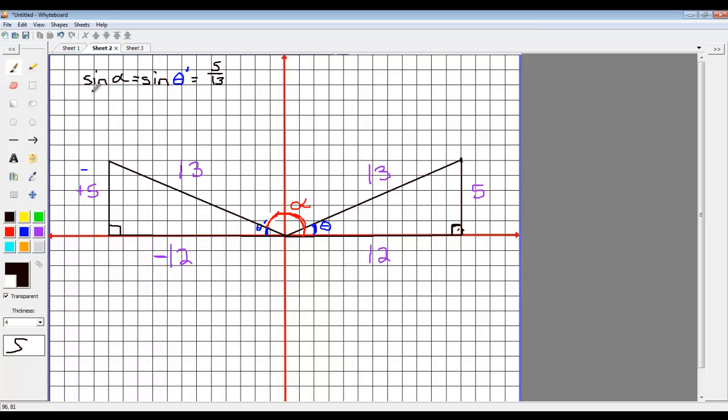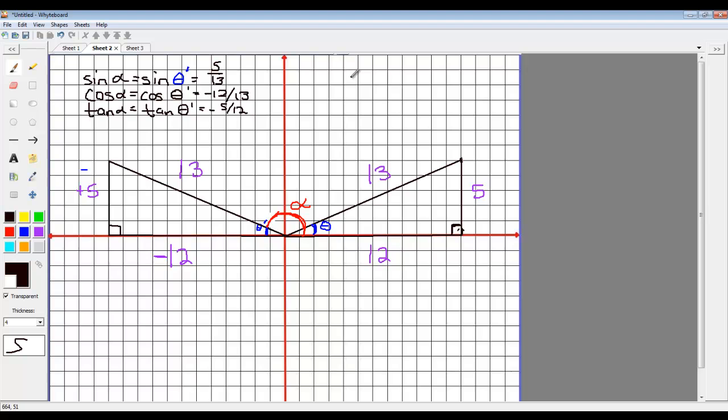Cosine of alpha, same thing as cosine of theta primed. That's going to be, this time, negative 12/13. Tangent of alpha, same thing as tangent of theta primed. Opposite over adjacent, it's going to be negative 5/12. So all of a sudden your signs are different.